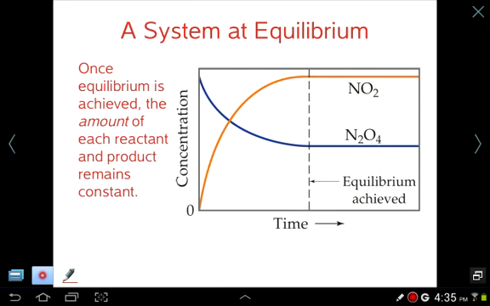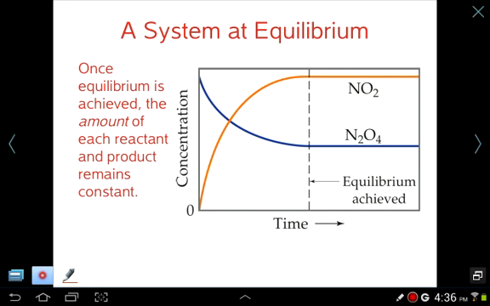So this is back to our first reaction. If we measure how NO2, this is the brown gas, changes as we go toward equilibrium, first of all we begin with a very small amount, but then as the reaction proceeds, NO2 increases, and then there comes a point at which it stops increasing, it stops changing, and this portion shows that we have a constant amount of NO2 present, and this is the point at which equilibrium is reached.